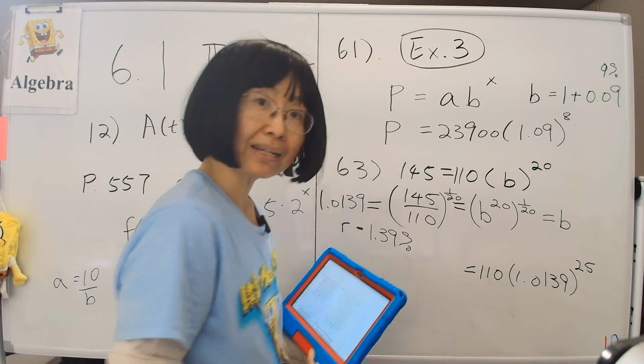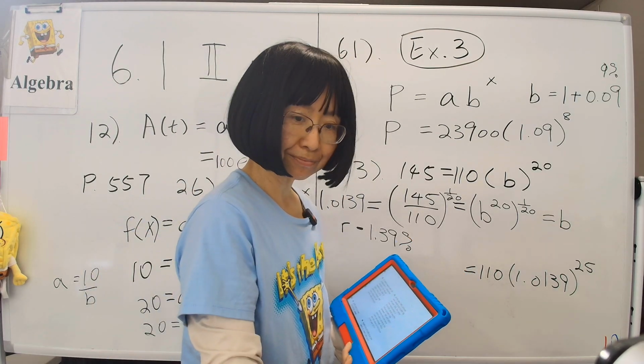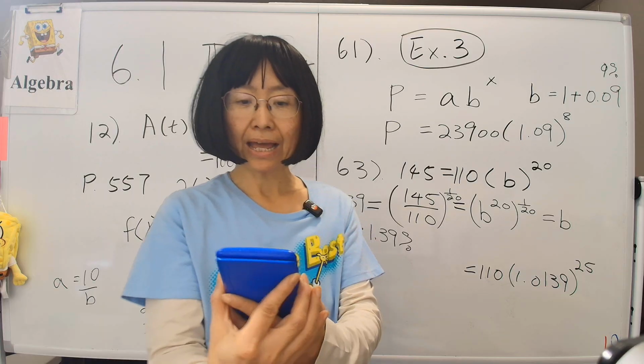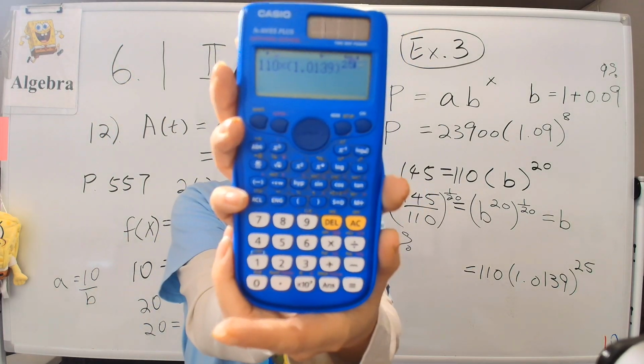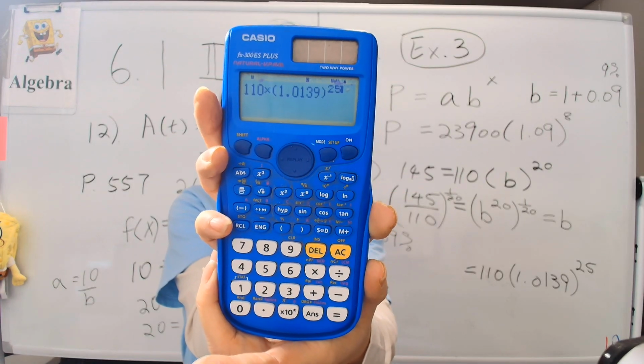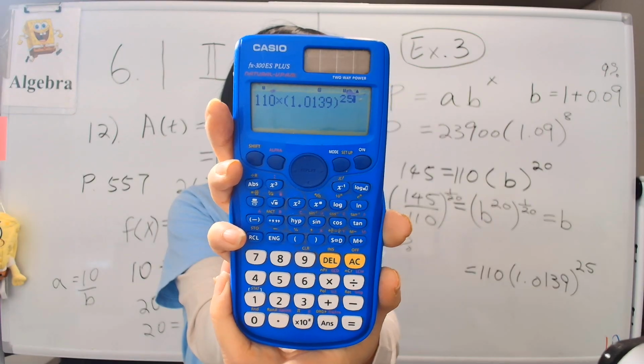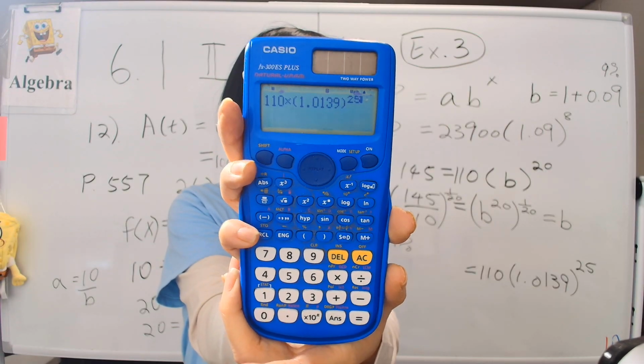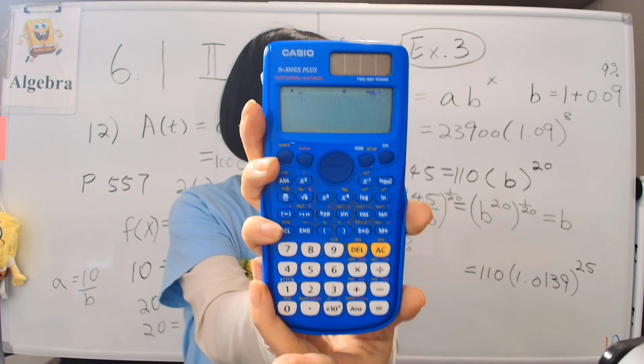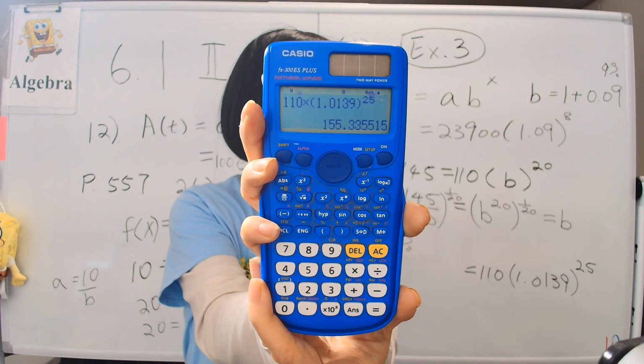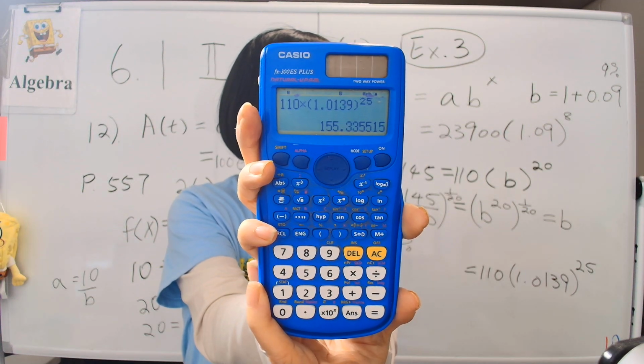So let's type that in and see what happens. I have typed in here 110 times 1.0139 raised to the power 25, so that should be correct. And our answer is 155.335.